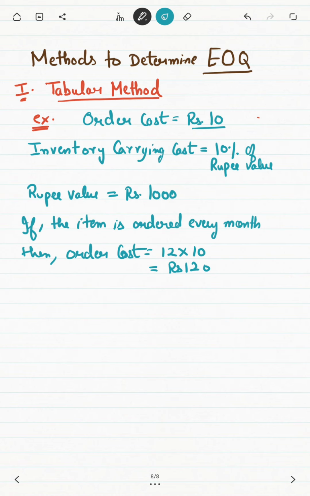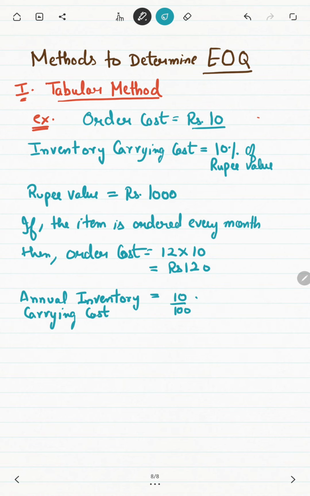Now how to calculate the annual inventory carrying cost. It is 10% of the rupee value.